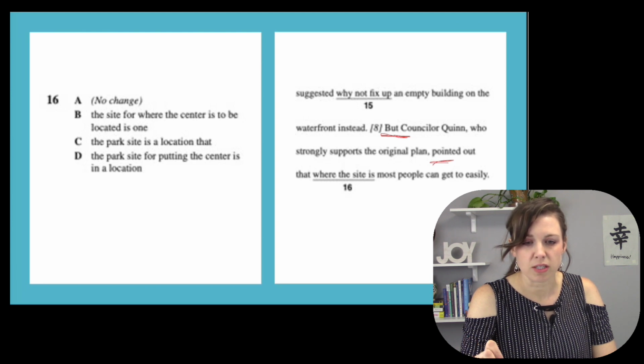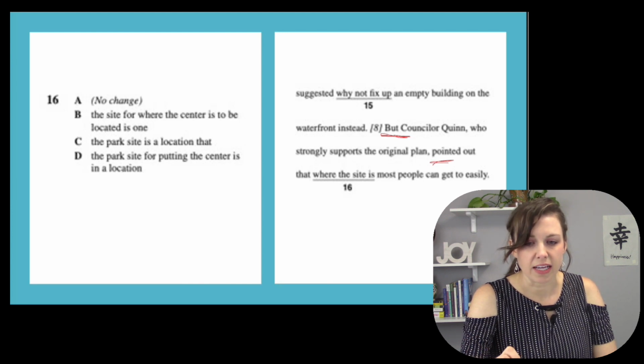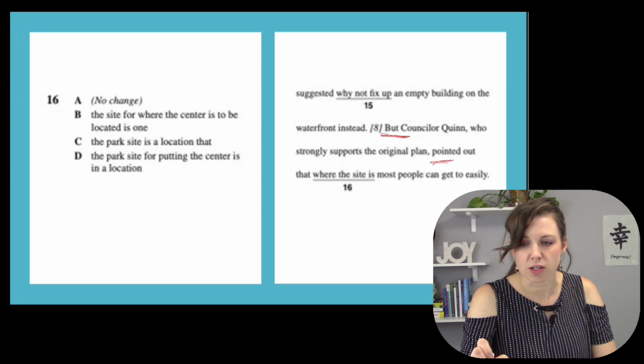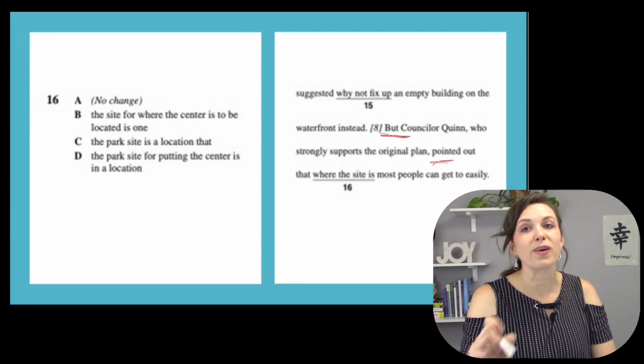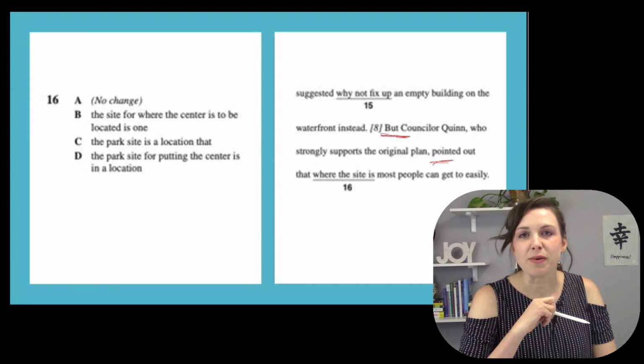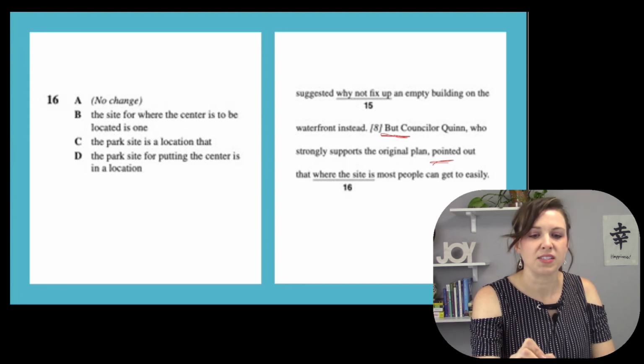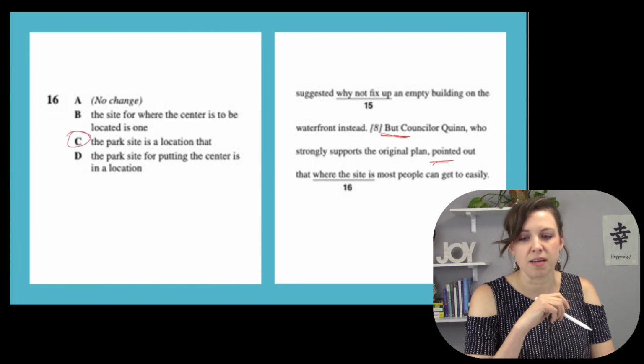C, pointed out that the park is at a location that most people can get to easily. D, pointed out the park site for putting the center is in a location that most people can get to easily. Okay, so with this one, as I mentioned before, choose the one that's a little bit less wordy.